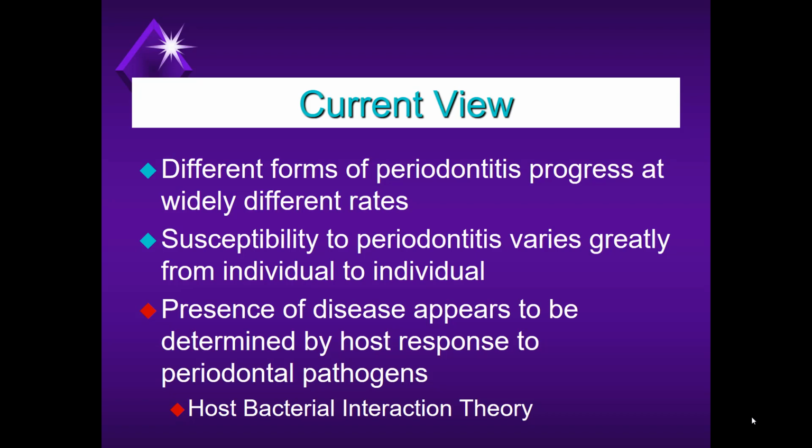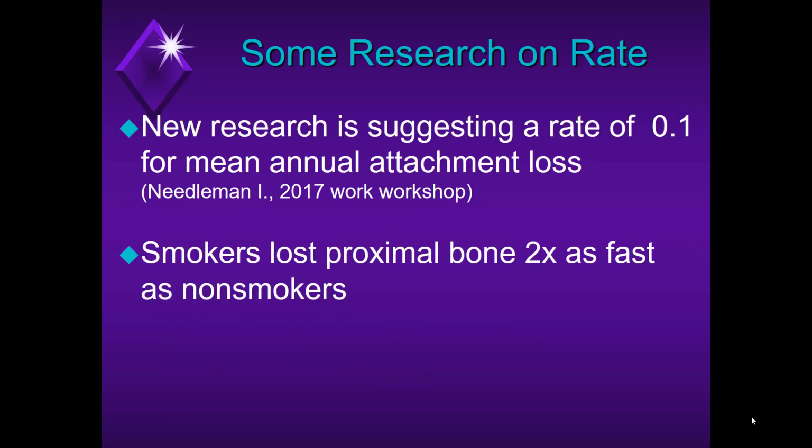So the fact that the host and how it interacts with the bacteria is also important. So that theory is called the host bacterial interaction theory. So activity, we're not 100% sure. That's the current thought. And then there's some research on rate of disease.